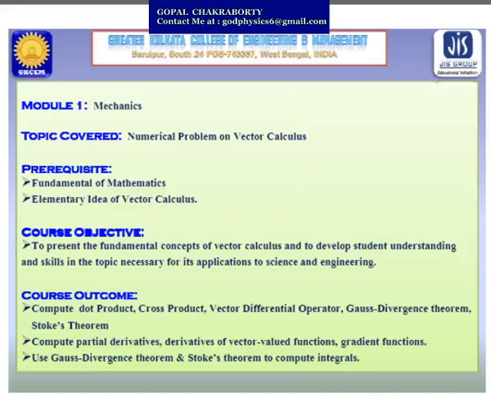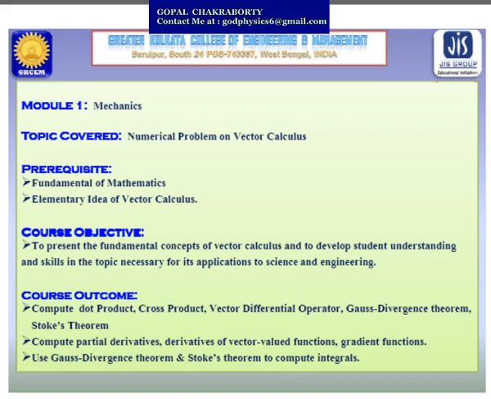Today I am going to solve some numerical problems on vector calculus, which is under module 1 mechanics. The prerequisite for this tutorial is fundamental of mathematics and elementary idea of vector calculus. The course objective is to present the fundamental concepts of vector calculus and to develop student understanding and skill in the topic necessary for its application to science and engineering.